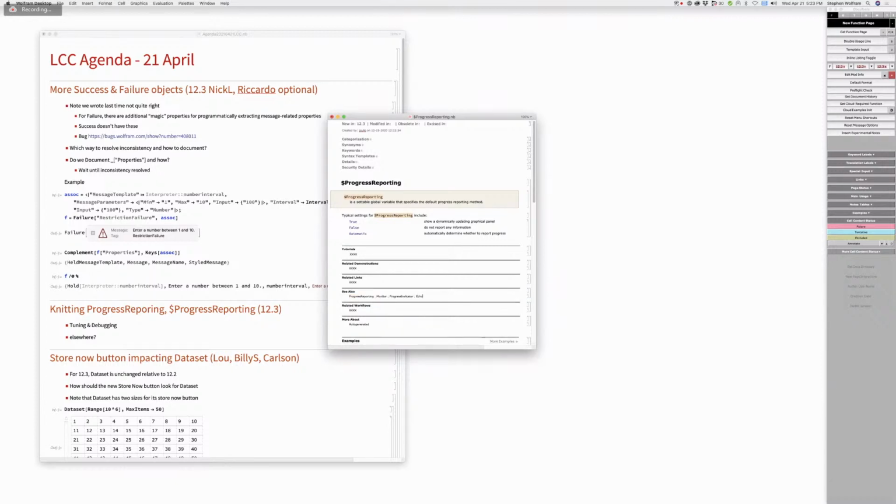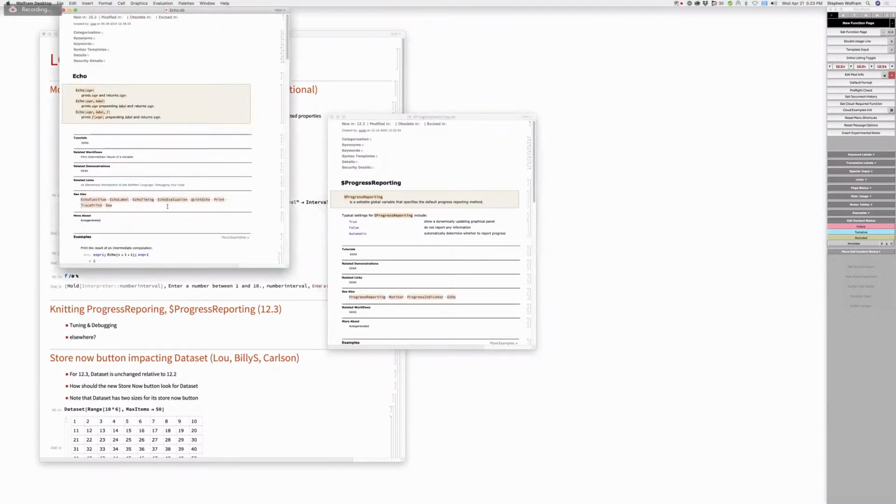And maybe echo could in turn link to progress reporting. Right. In a sense, echo is more analogous to the internal evaluate with progress, which we haven't quite figured out how to expose yet. But well, we'll change that later.